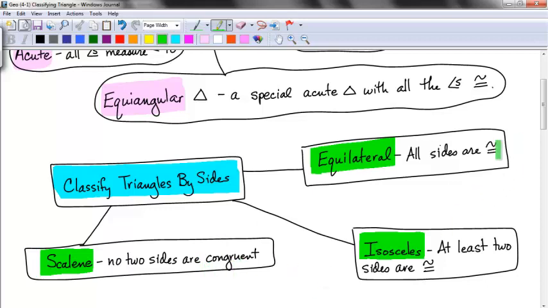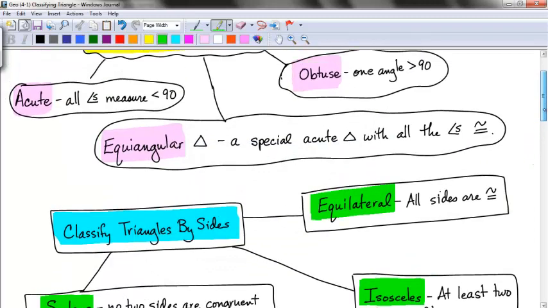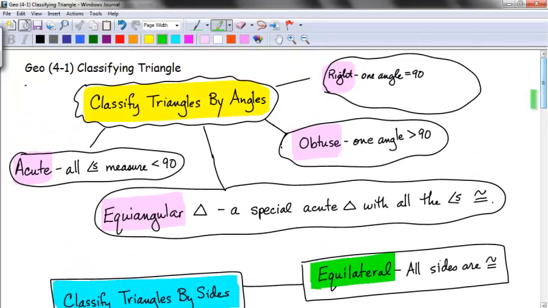So if the author asks you to classify a triangle, it's usually classify it by the angles and classify it by the sides. Okay, so it's either scalene, equilateral, or isosceles by the sides, and it's equiangular, obtuse, right, or acute by the size of the angles.